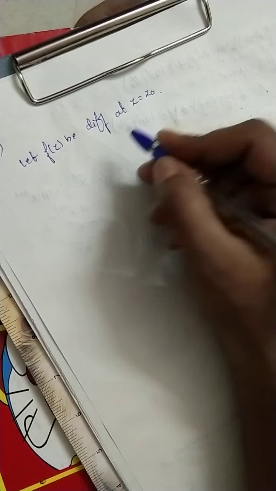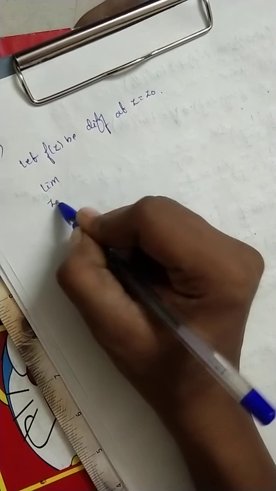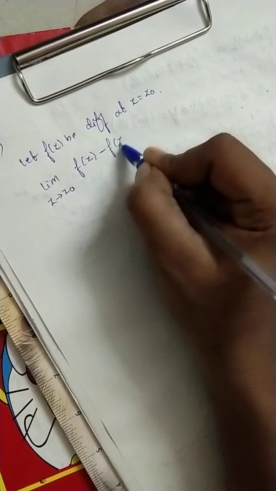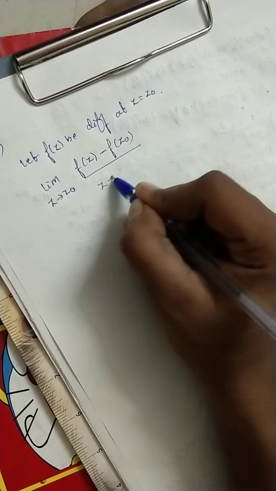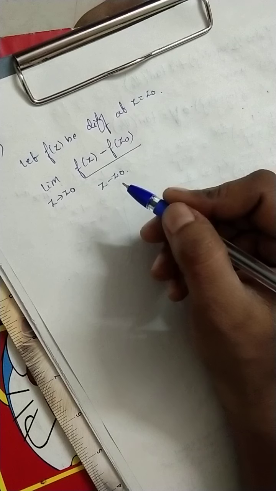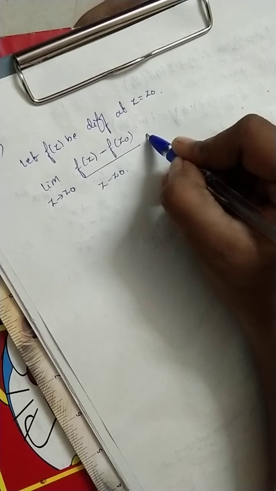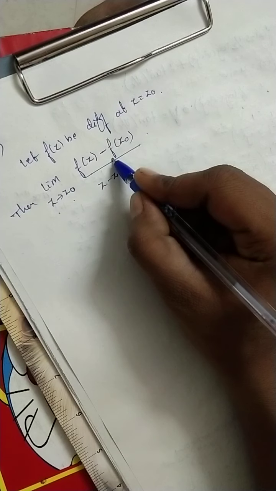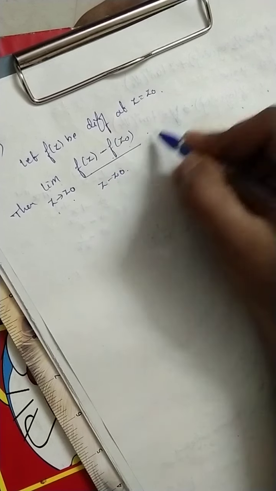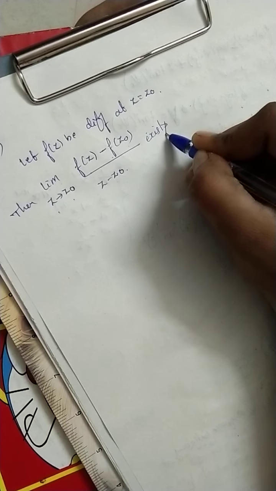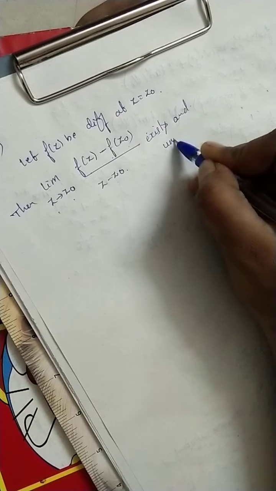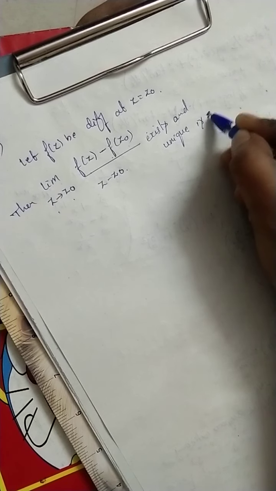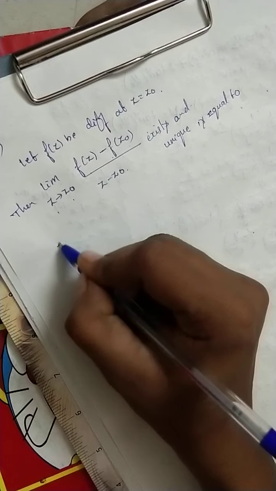This is our condition. So when we apply the limit z tends to z naught for f of z minus f of z naught whole divided by z minus z naught, the limit exists and is unique. Okay, so then this limit z tends to z naught f of z minus f of z naught divided by z minus z naught exists, exist and unique, is equal to f dash of z naught.